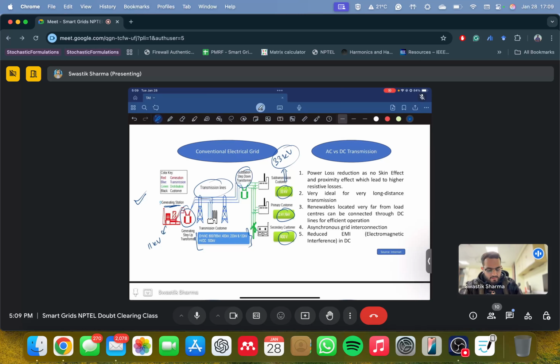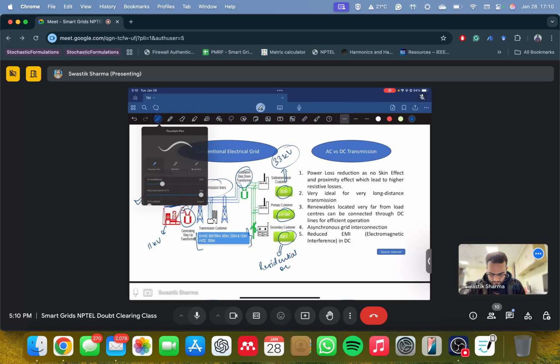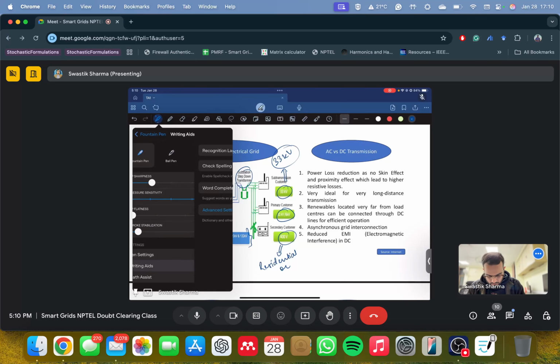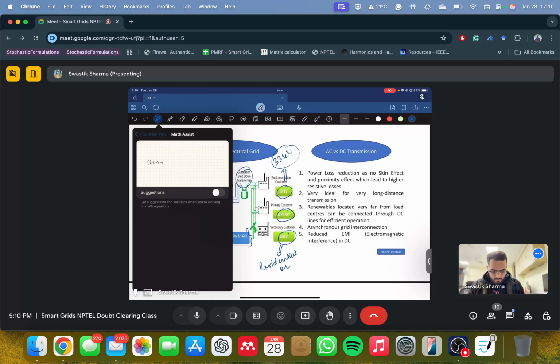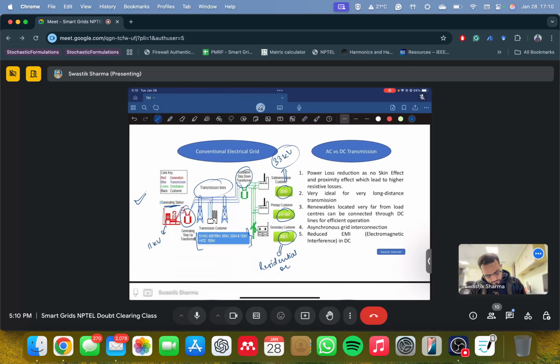These primary customers also cater to industries only, but this 400 volts is mostly used by residential or businesses, let's say, right?